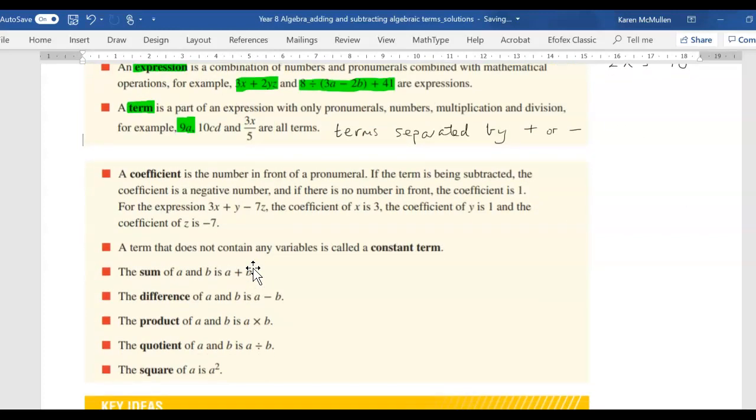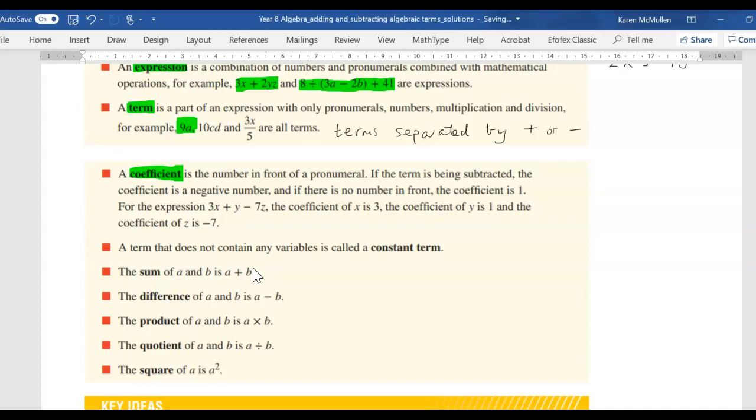Moving along. A coefficient is the number in front of a pronumeral. So when I highlighted 9a, the 9 is the coefficient and the a is the pronumeral. If the term is being subtracted, the coefficient is a negative number. And if there is no number in front of it, the coefficient is 1.